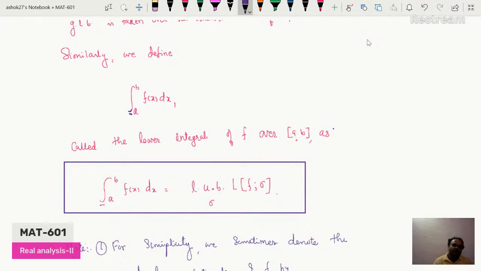So in short, for convenience, you can write: the upper Riemann integral is nothing but the smallest upper sum, and the lower Riemann integral is nothing but the largest lower sum.